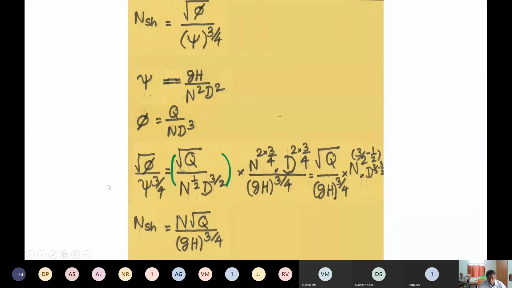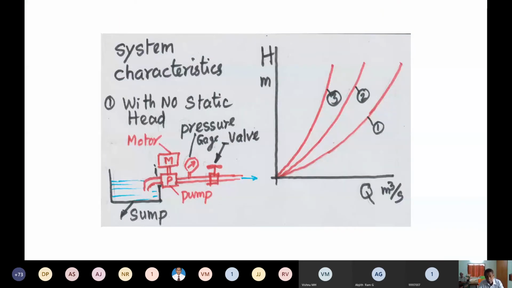So some of them will get cancelled, and finally you end up with the equation NSH is equal to n root q by gh power 3 by 4. Okay, these things, you may have to really work out. Just by listening to me, nothing may enter properly. You have to take time to write it step by step. That's what we should have been doing in the classroom, and because of this situation, we are not able to do that.